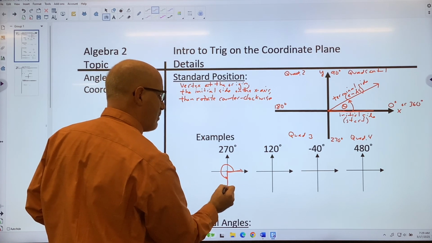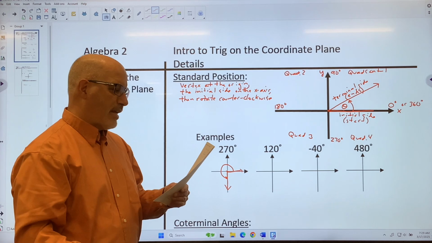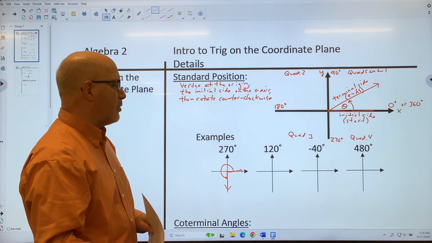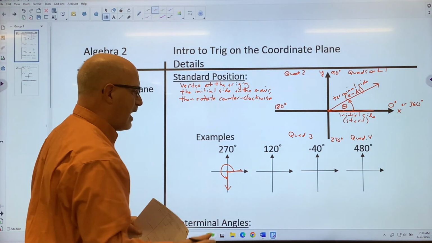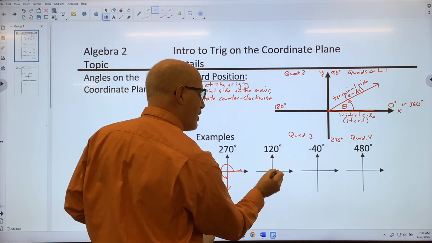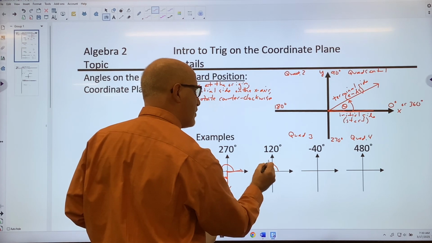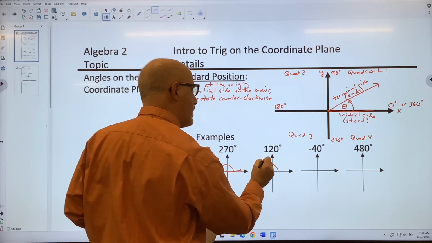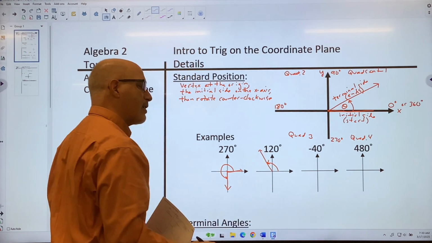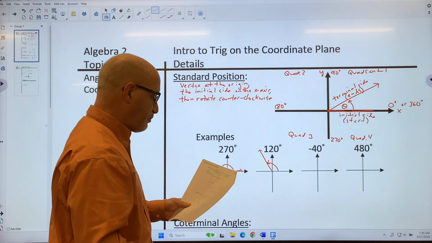So this would be my angle, 270 degrees. Now let's say that we wanted to do 120 degrees. We go past 90 and we keep going. 90 degrees, 30 more degrees would take us to 120. So this would be 120 degrees for our angle in standard position.